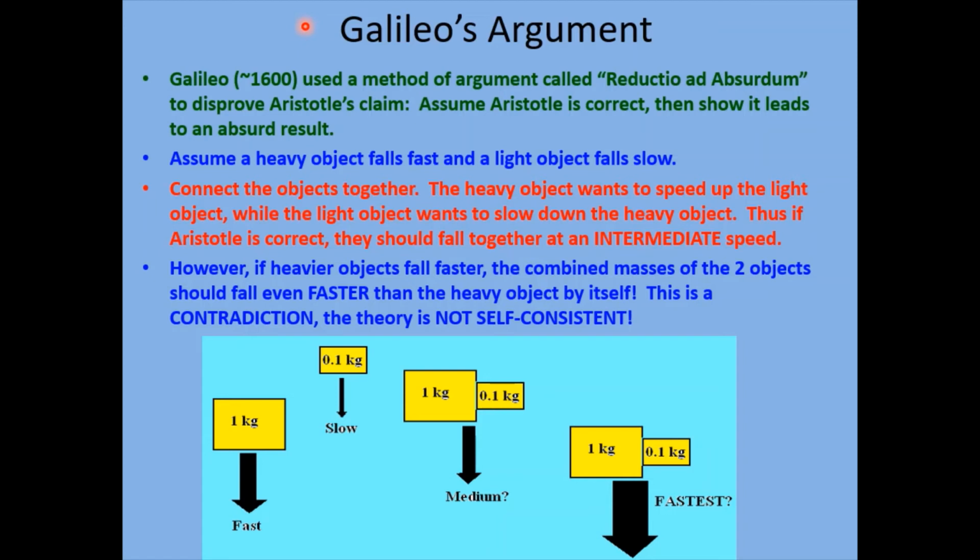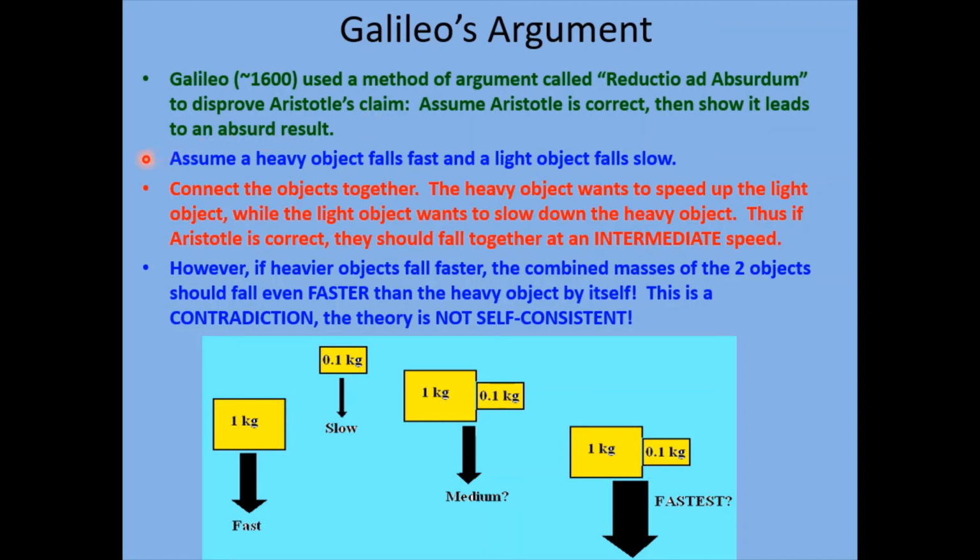In fact, he used a method of argument called Reductio ad Absurdum, which is Latin for reduce to absurdity, to disprove Aristotle's claim. This method involves assuming that the other person's idea is correct, and showing that it will lead to an absurd result. So this is exactly what Galileo did here, and it's a very clever argument.